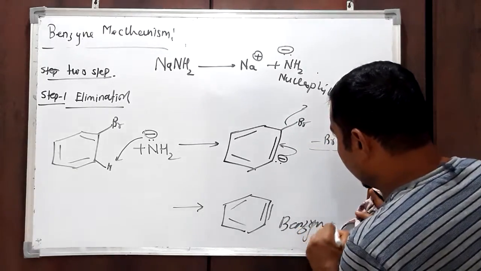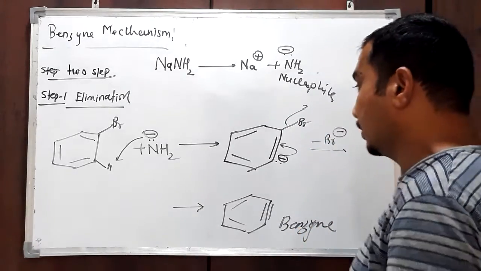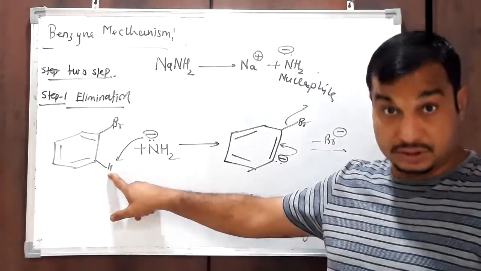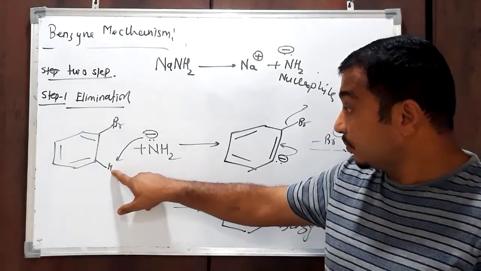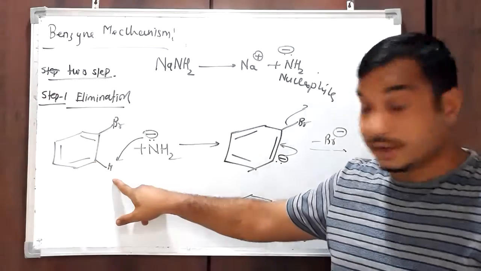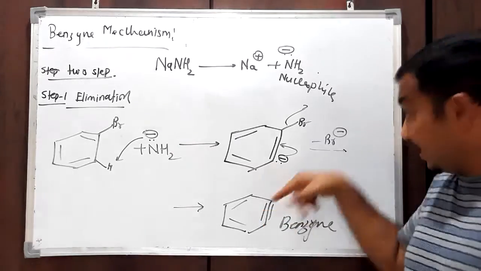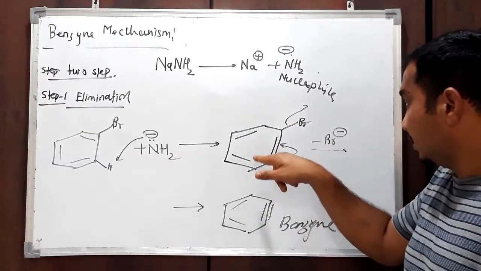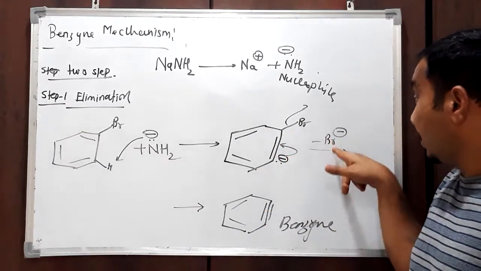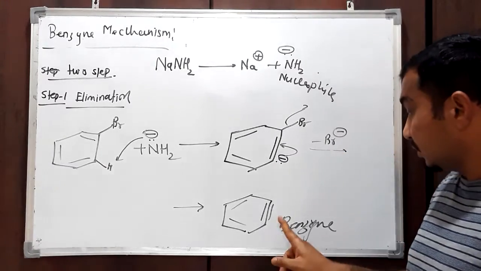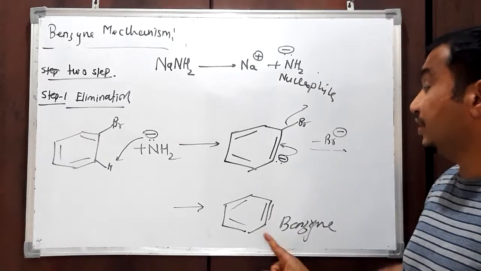So in step 1, this NH2 minus will abstract H plus from the ortho position in the bromobenzene, giving a negative ion, and then the negative ion is involved in the reaction while Br minus departs side by side. So it produces this intermediate, known as benzyne.